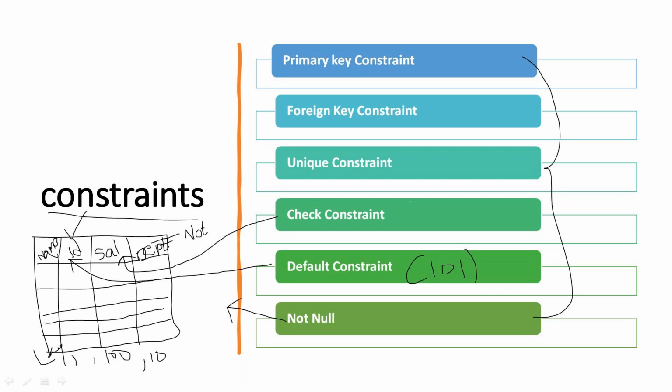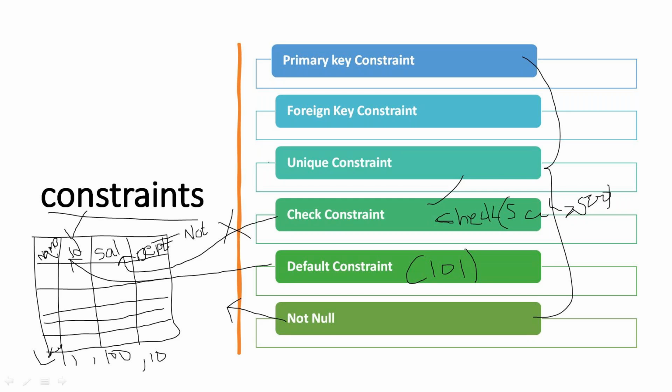Let's say, see, check, here you need to take salary greater than, let's say, 500. You have taken this while creating a table. Now, when you try to insert a record whose salary is 400, that record will be rejected. You will get an error called violation of check constraint. That I will definitely show you.